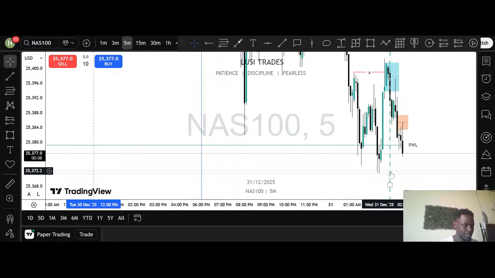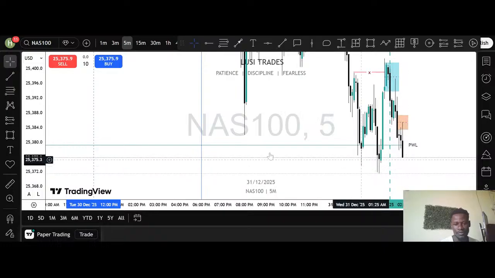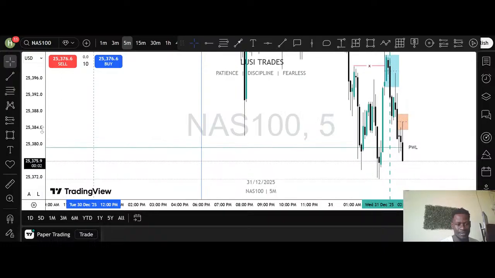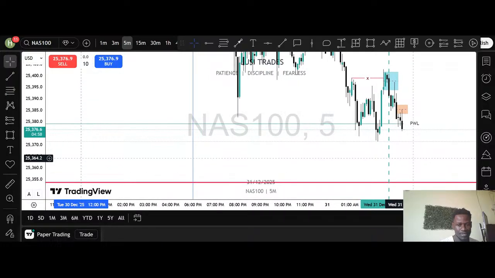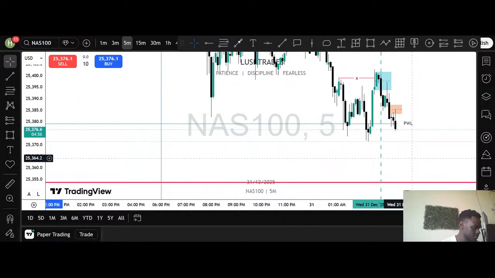So this low should now be taken out, and now we want to see a run towards the gap that was formed, that new week opening gap. So we want to see it run and fill that whole gap.